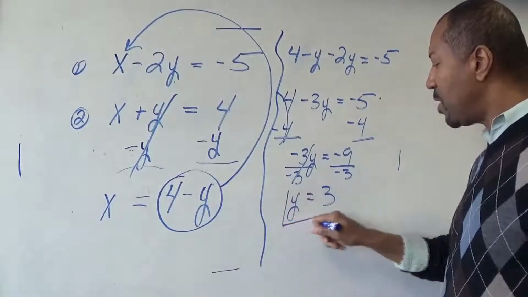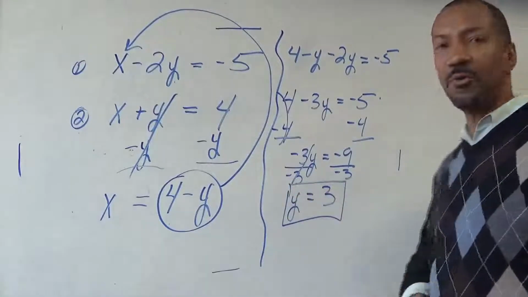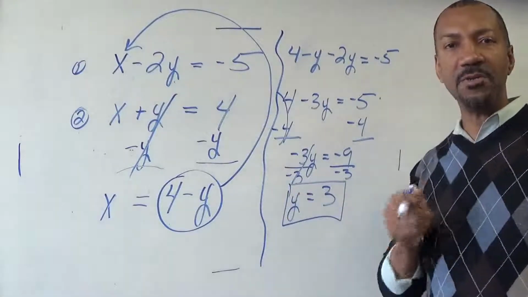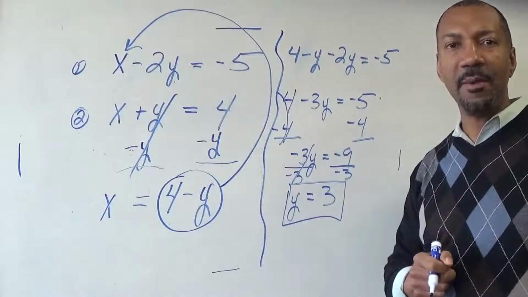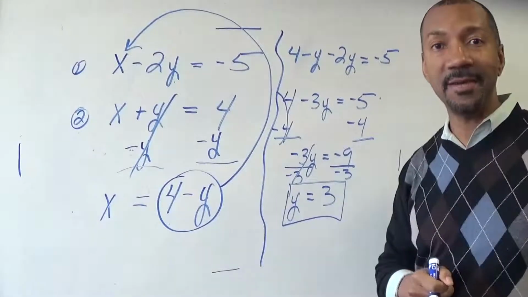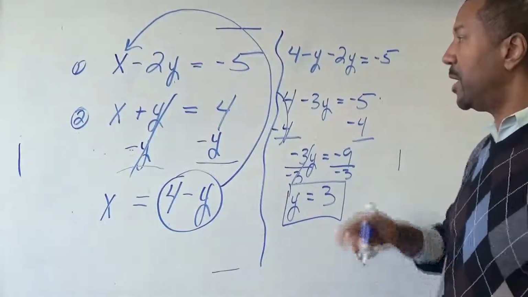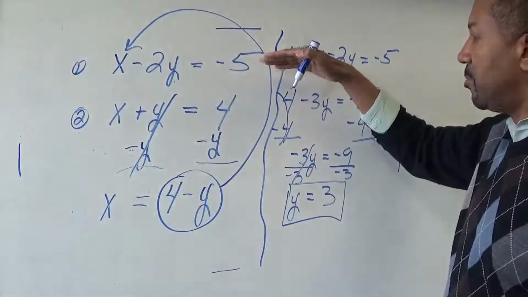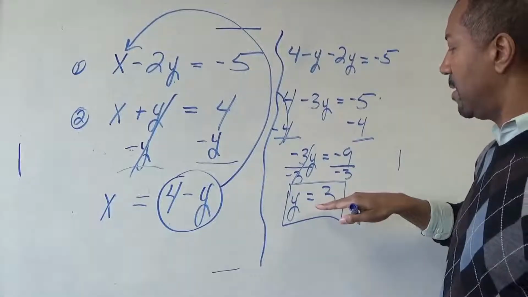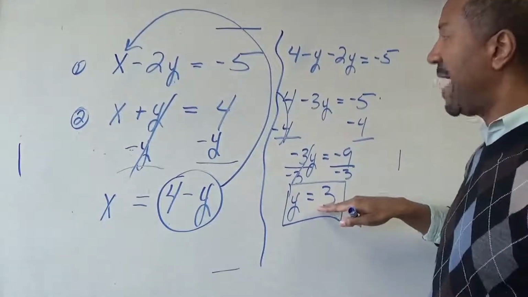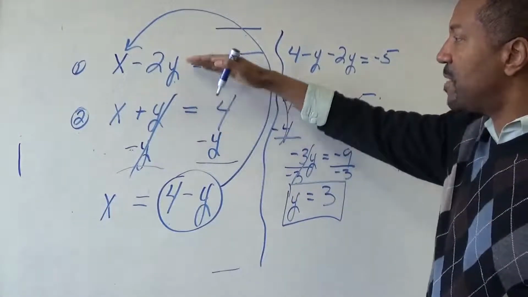So now that we know that y is equal to 3, let's use this information and go back and figure out what x is equal to. As I had said once before, you can actually plug your value into either of the originals.